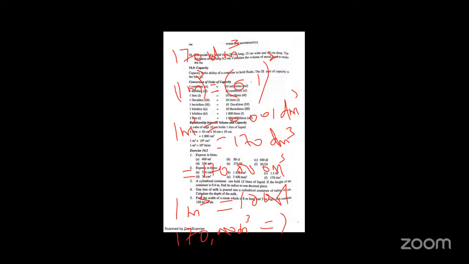It will be equivalent to how many liters? When you cross multiply, you are going to have 170 million liters. That becomes the final answer, which is 170 million liters. I hope that one is well taken.